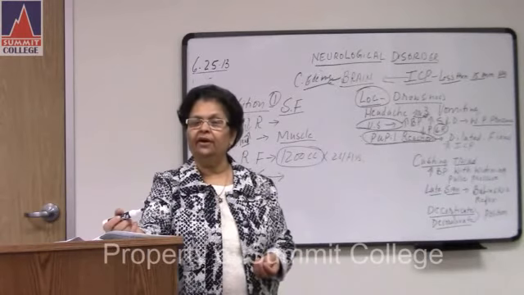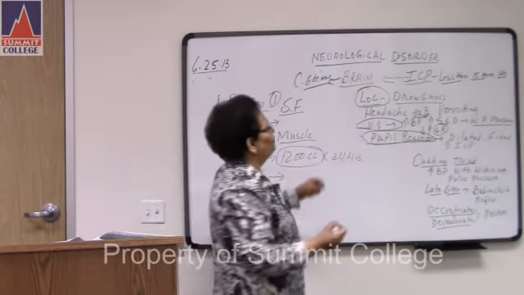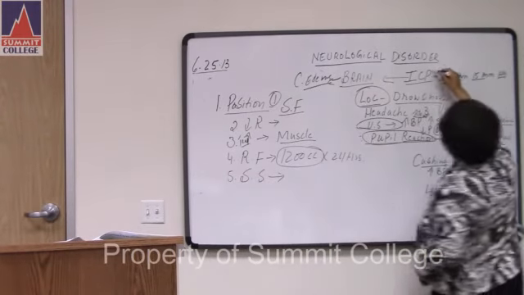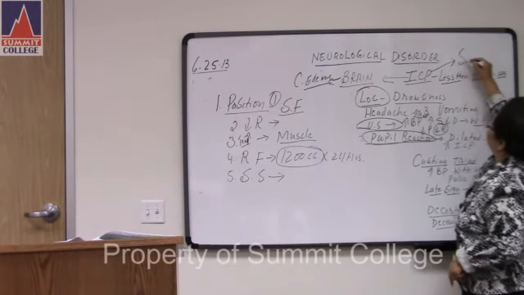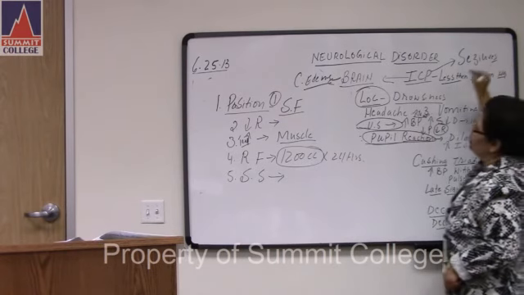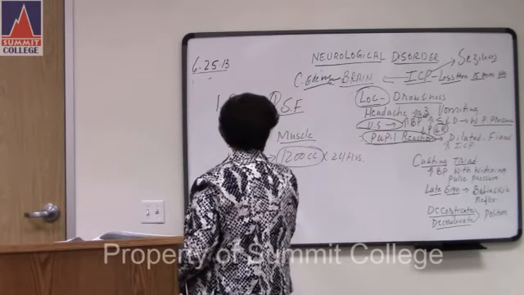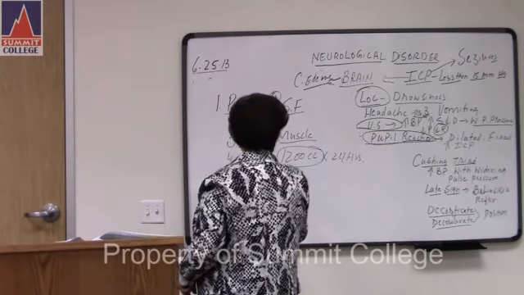And also decrease environmental stimuli. What do you prevent in a patient with ICP here? I will write down the word seizure. And so what do you do here? Number 6 is keep them in a quiet room, dark room.